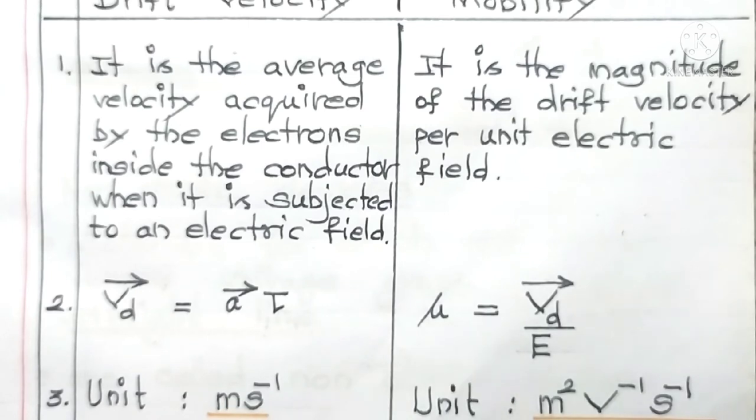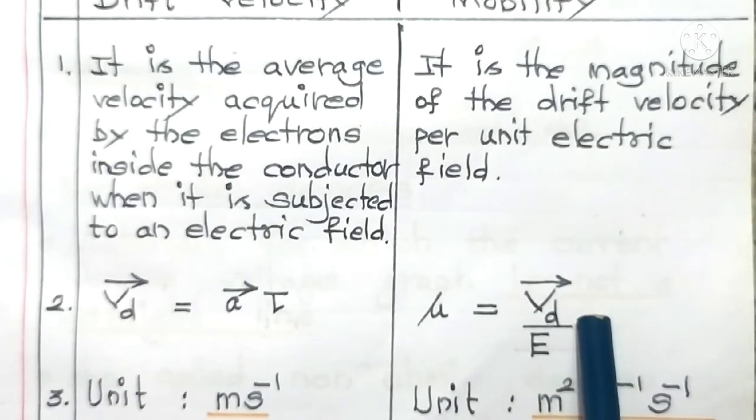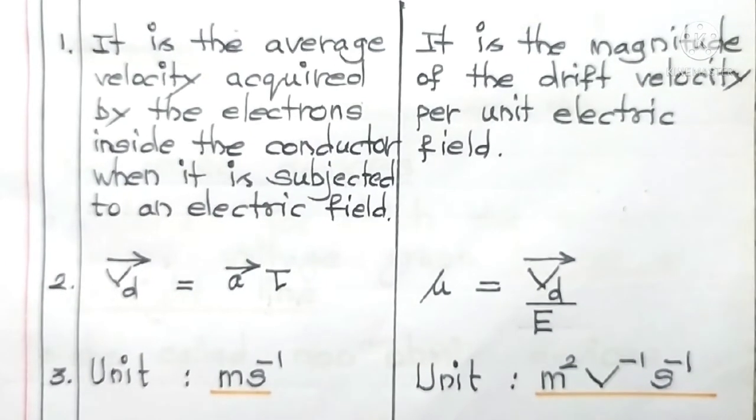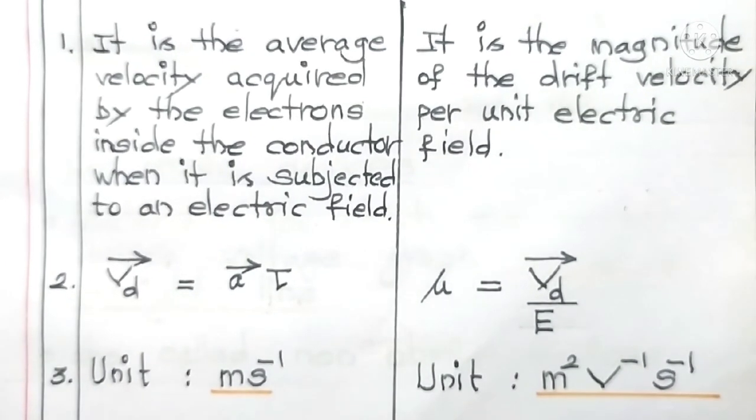Similarly, for mobility, mu is equal to Vd vector divided by capital E. It is nothing but drift velocity divided by electric field. This is the expression for mobility. The third point of difference is unit.